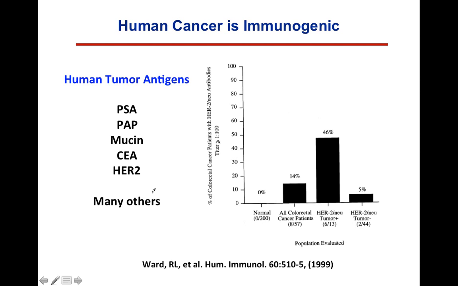But there are many, and there's been a real effort over the last 20, 30 years, particularly the last 30, maybe 40 years actually, to try to understand if we could find antigens that were relatively specific or at least very well overexpressed on cancer cells.